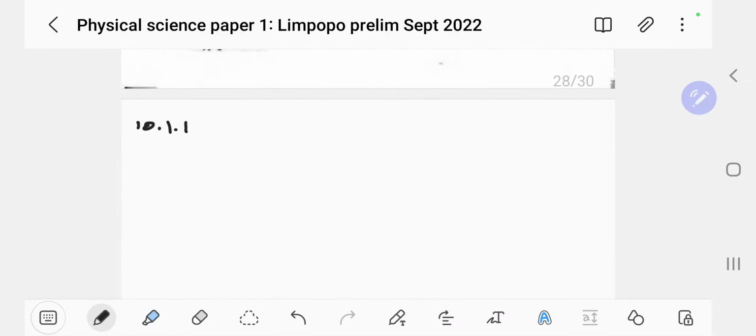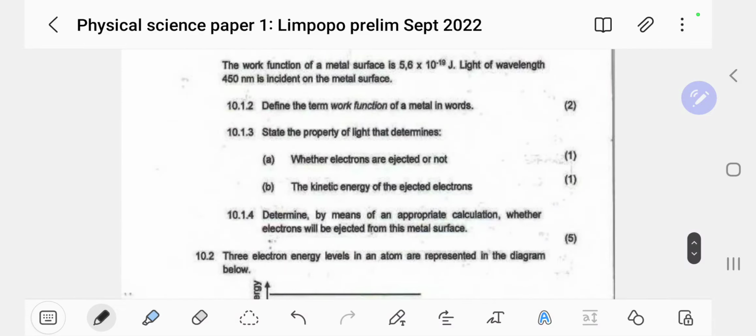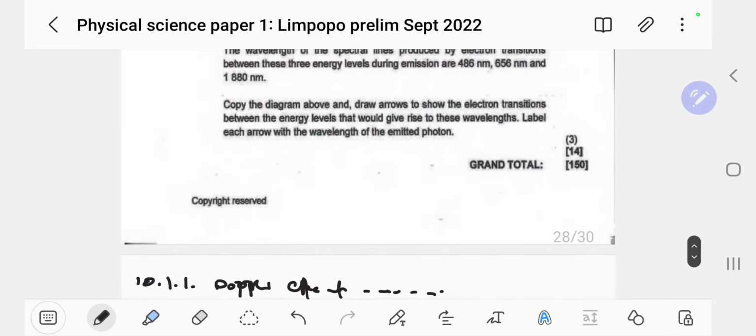The photoelectric effect, you know what that is? It is the phenomenon whereby electrons are emitted from a metal surface when light of sufficient energy is shone on it. Okay, easy, no problem.